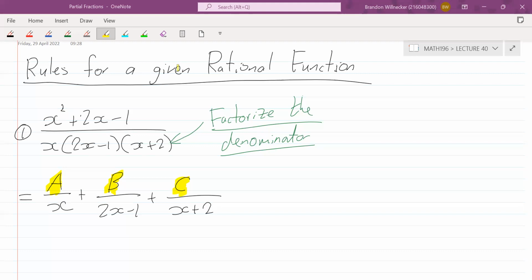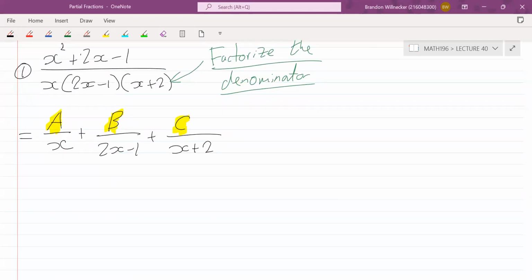Then we split up the fraction like this: a over the first term, plus b over the second term, plus c over the third term, and then we'll figure out what those constants are later on. This is the method if we have a product of linear factors. So that's case 1.